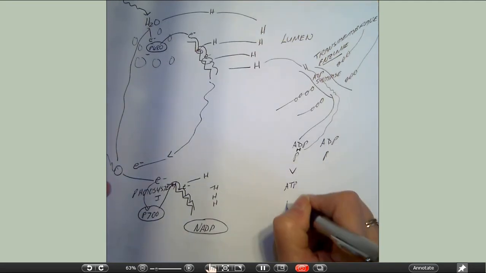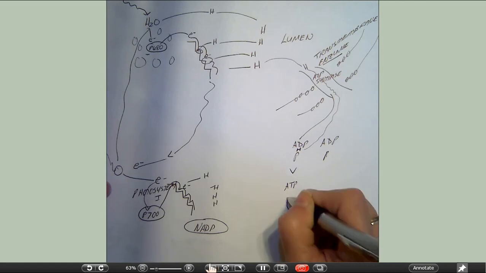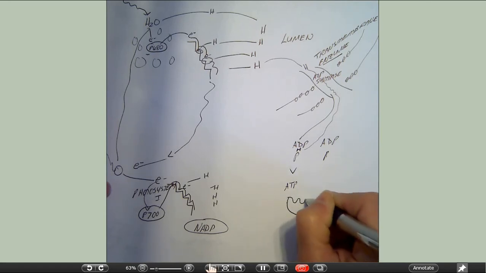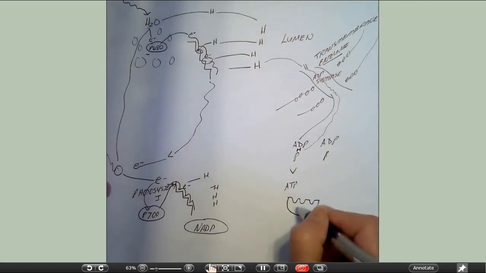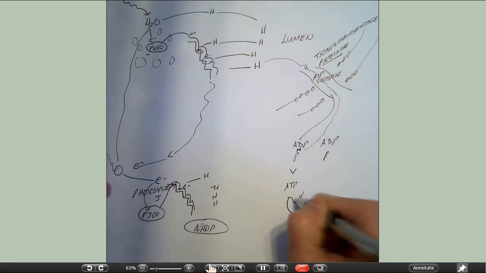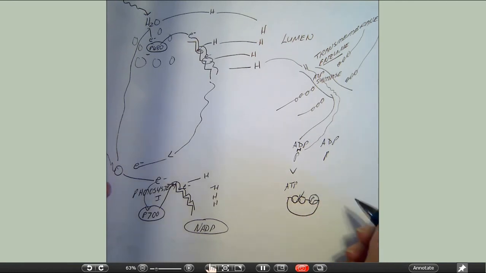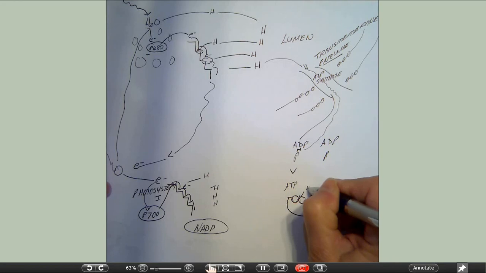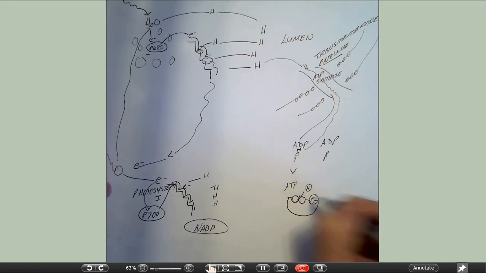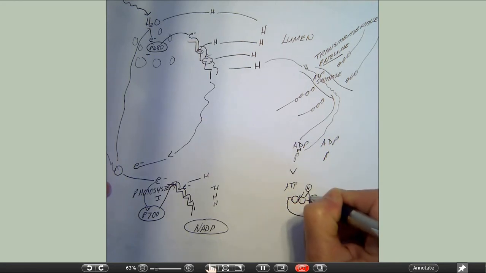Think of it back when we did the enzyme chapter. There's my enzyme. Okay, there's my active site right here. ADP is a substrate and phosphate is a substrate. Hydrogen acts like a cofactor and glues them together.